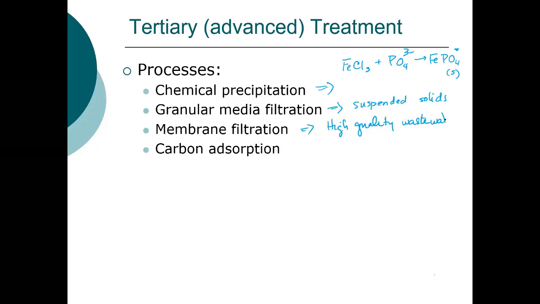For instance, in Singapore, they actually recycle and reuse their wastewater. They're water scarce. They actually purchase water from Malaysia. So they use membrane filtration to remove pharmaceuticals, personal care products, and also viruses in this filtration system.